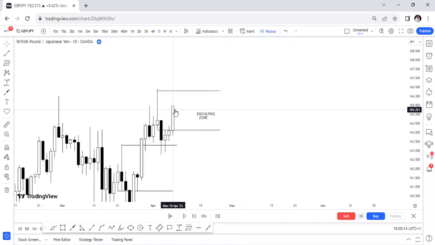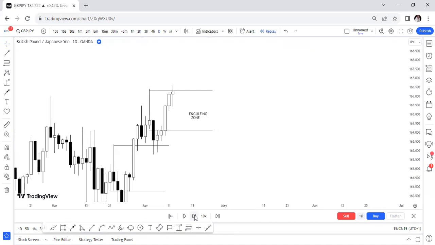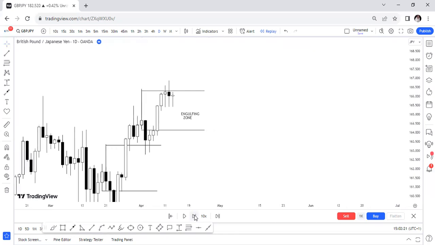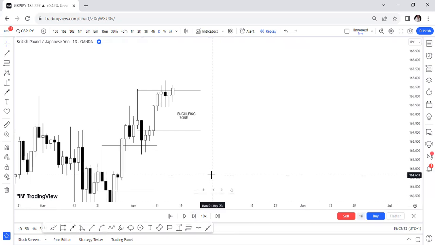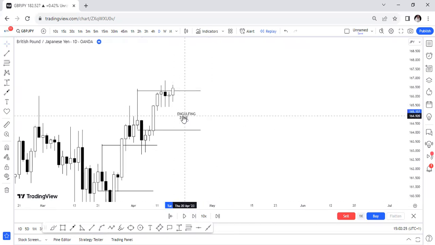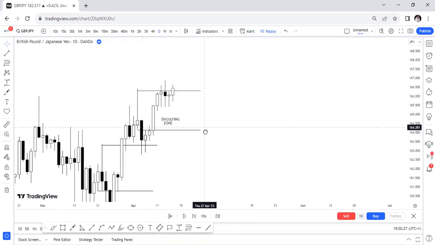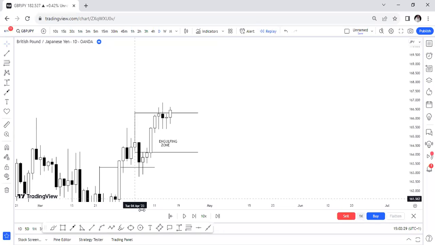So we want to see a breakout of price moving higher, breaking through it with this body. It broke through. So we want to see a pullback into this zone.